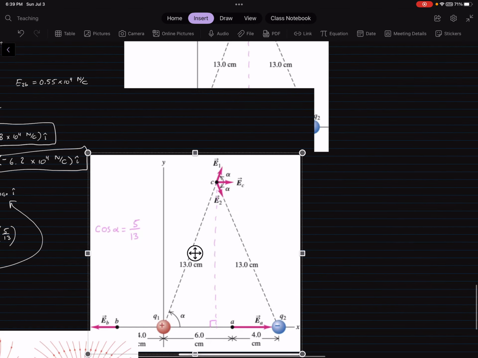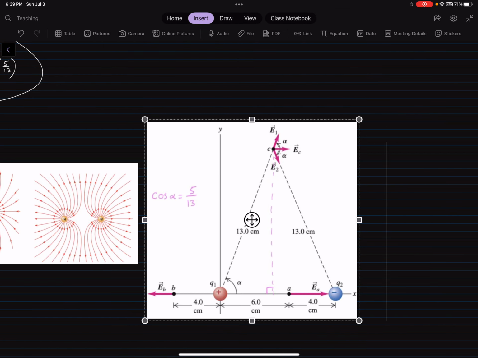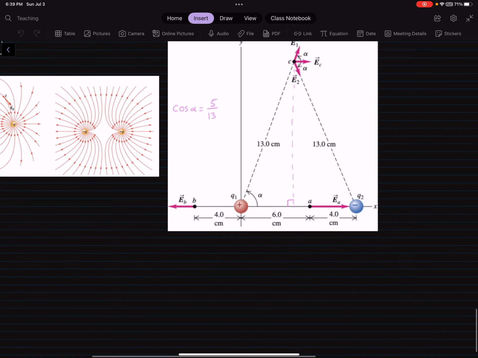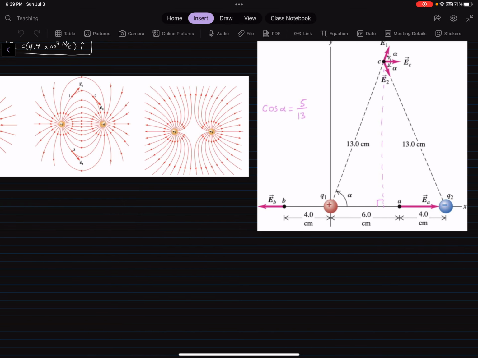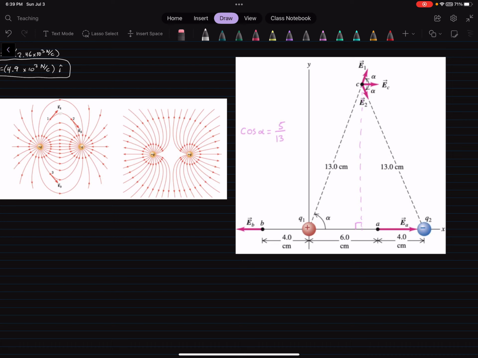The test points that we were considering, you can overlay this electric field over the dipole situation, and you can see that point C was in this area here, and point A was somewhere along here, and point B was over here. So that's what we were solving for.